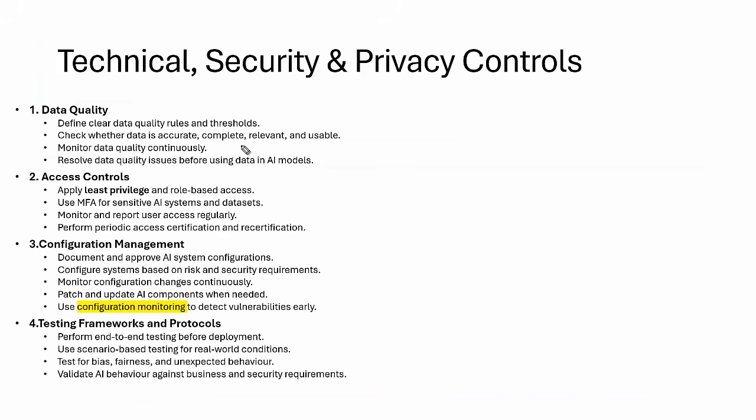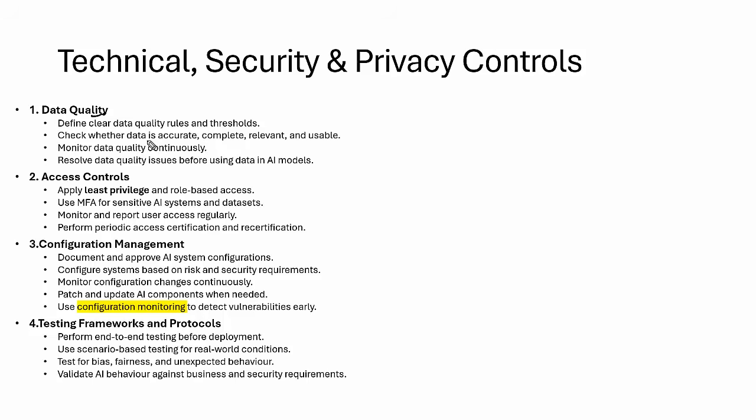First, we're going to discuss the technical security and privacy controls. In that, the most important part is you need to ensure good quality data. Data quality plays a very important role, because if you have the right data, it can produce the right output. Good data leads to good AI, bad data leads to bad AI. We've been discussing this since the last two domains.